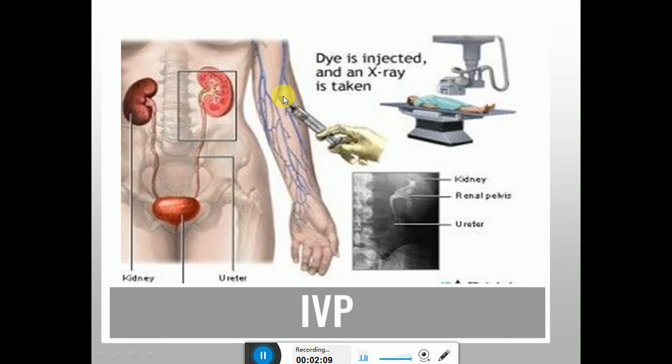Here the dye is injected intravenously. We already know which dyes are used, that is Urografin or Conray. Once this dye is injected, it will be excreted by the kidneys. After 15 or 30 minutes, the films, skiagrams, will be taken.